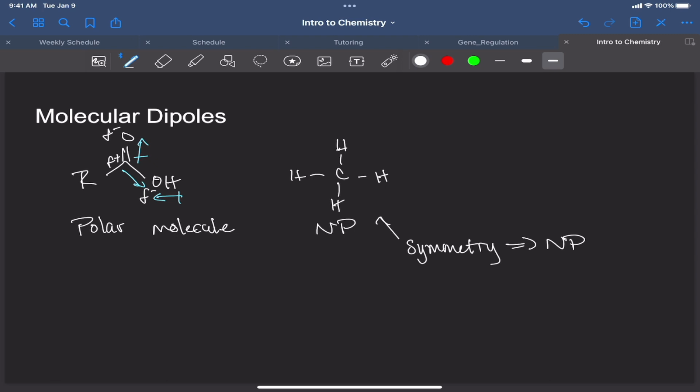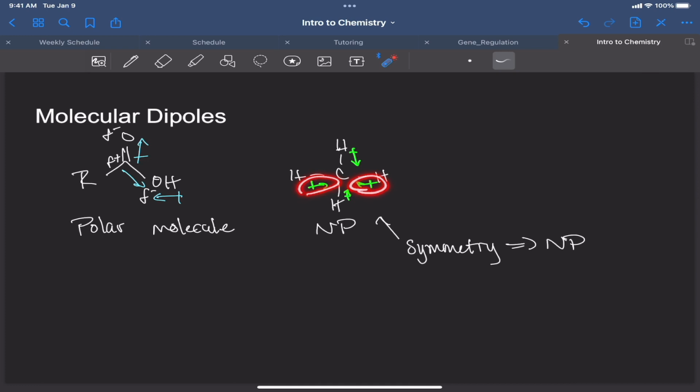Let's even consider for the moment that methane's carbon-hydrogen bonds are polar. We'd end up getting something that looks like this. See how this guy and this guy are going in the same exact direction?